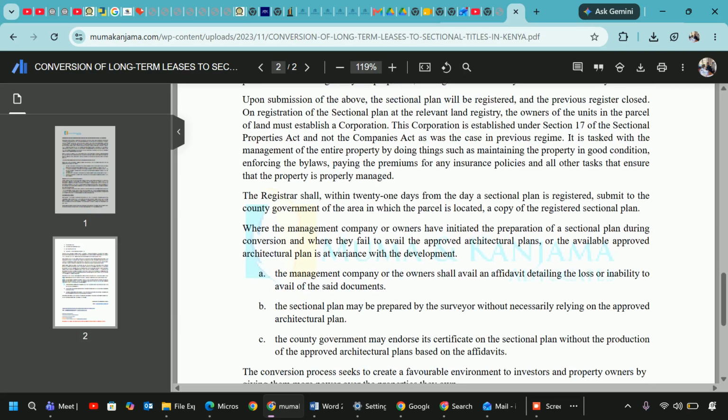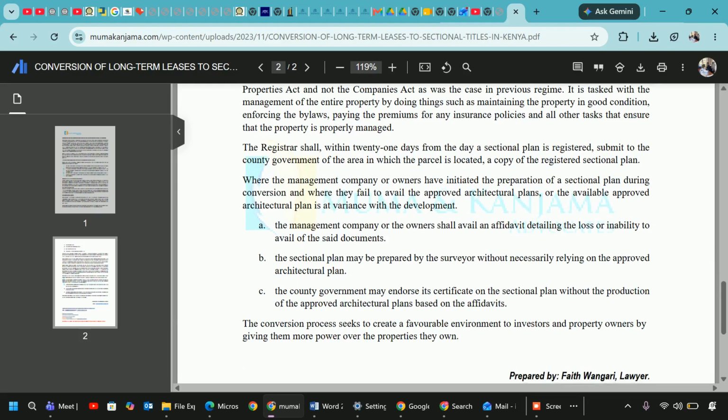And the sectional plan may be prepared by the surveyor without necessarily relying on the approved architectural plan. C. The county government may endorse its certificate on the sectional plan without the production of the approved architectural plans based on the affidavits. So be keen there.